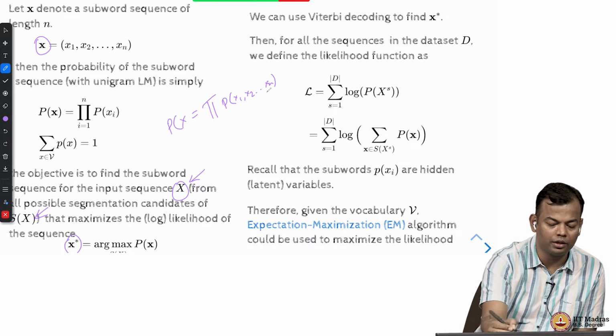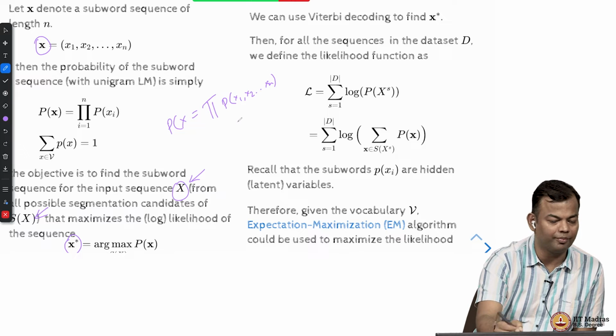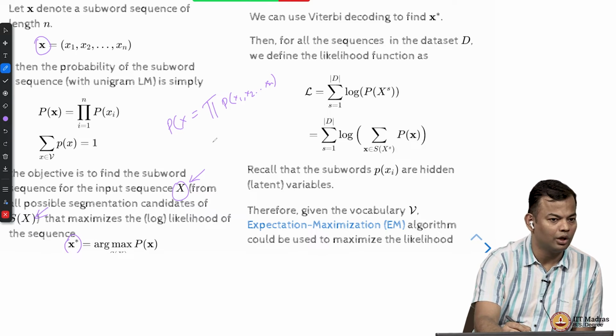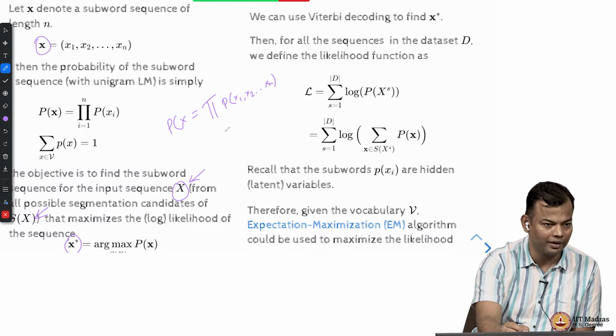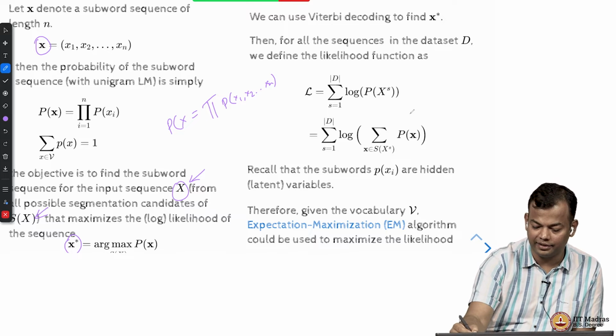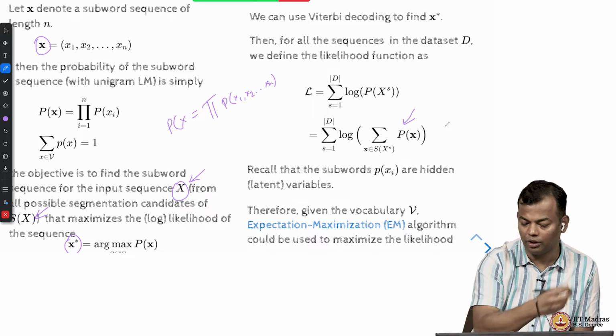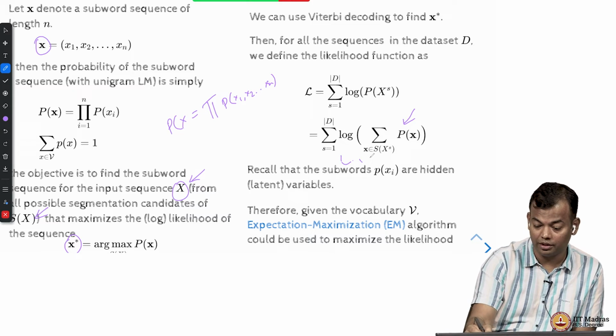Instead of this, we can also take the log and write it as a summation. So this should have been the log probabilities, the log is outside. Is that okay?